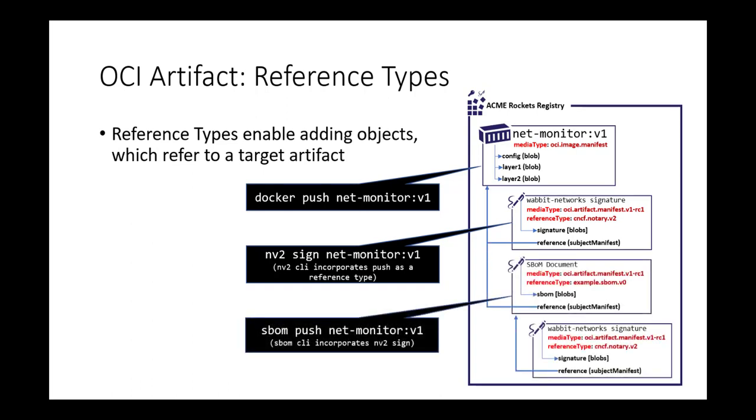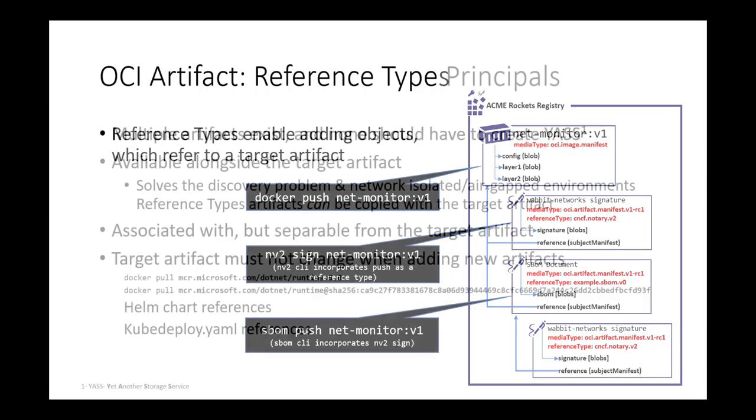So I push in an SBOM, which has the contents of one or more files, and then I can associate it with the NetMonitor image. But the graph can continue. I can also push a signature on the SBOM because I want to make sure my SBOM's integrity is intact. So you can see this direct downward direction for the blobs that make up the artifact, and a new upward reference that says this thing is related to this other thing.